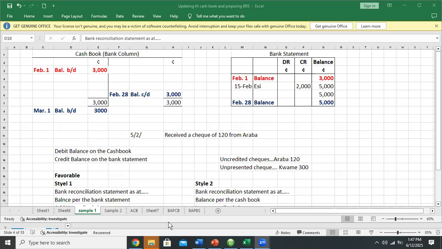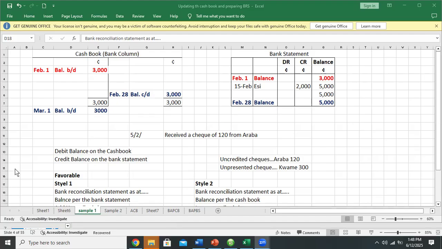Okay. Let me ask another question. If you are preparing a bank reconciliation statement and you decide to begin with your balance on the cash book, how do you adjust uncredited checks?